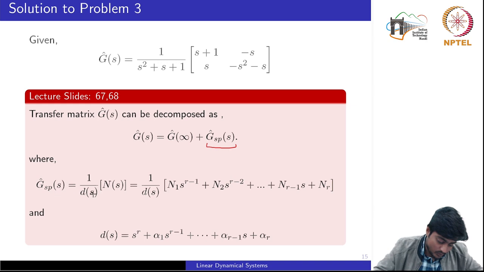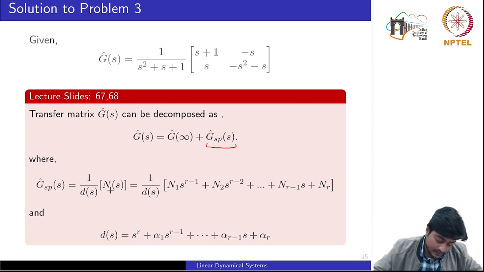The strictly proper part is given by the matrix composed of the numerator polynomials, N of s, multiplied by 1 by d of s, where d is a polynomial of rth order given by this one.